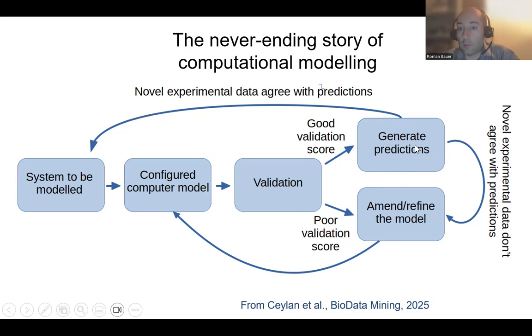And so if these predictions are found not to be accurate, then we need to go back to the drawing board essentially and change or refine the model and really understand what may have been the issue. However, if the predictions are confirmed, then we can go back to the model and maybe increase the detail or increase the model size and extend the model in order to address more complex questions and more important questions.